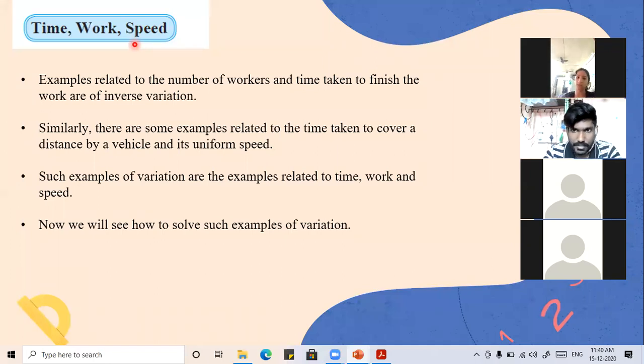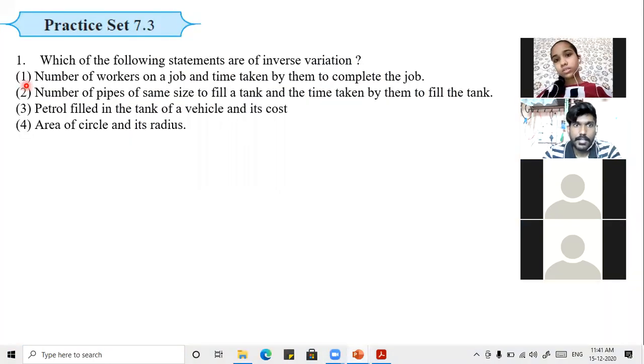Is this clear? When will the problem sum be inverse variation? In 7.3, all sums are based on time, work, and speed, and whenever your problem sum is based on time, work, and speed, that problem sum will be on inverse variation. So let us start with this exercise.